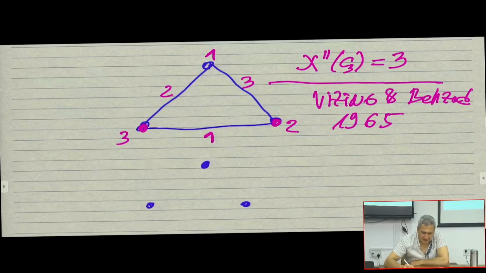Let's take brown. First, we connect two vertices if they are adjacent in the original graph.